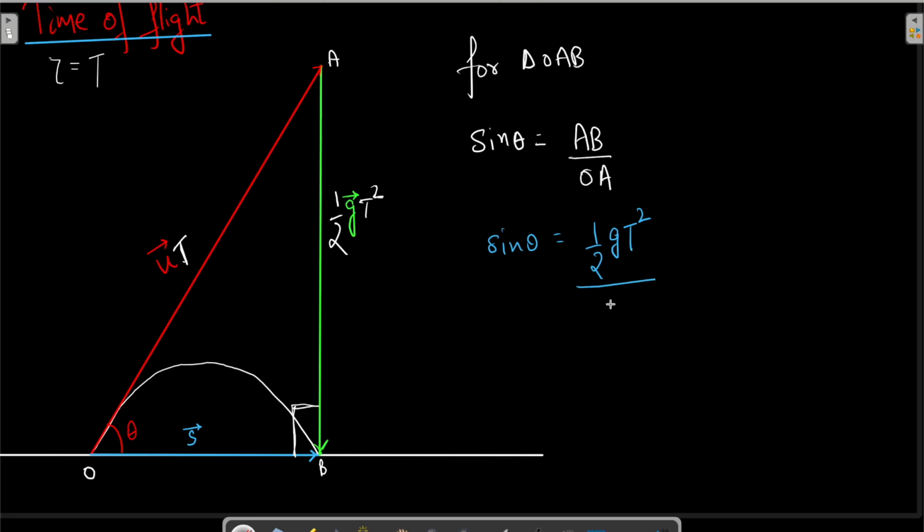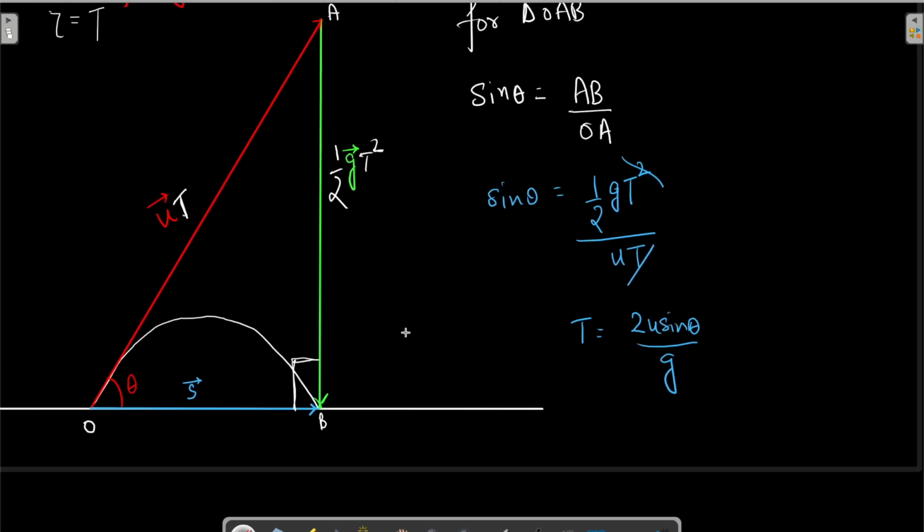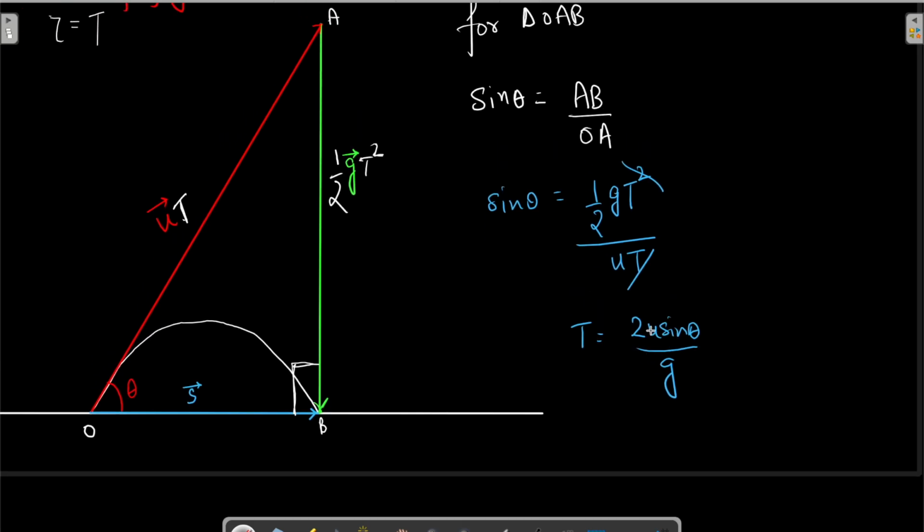OA is uT. The T gets cancelled with this one. So we get T as 2u sine theta by g. This is the thing we get in the normal algebraic derivation also, and we get the same thing using geometry also.